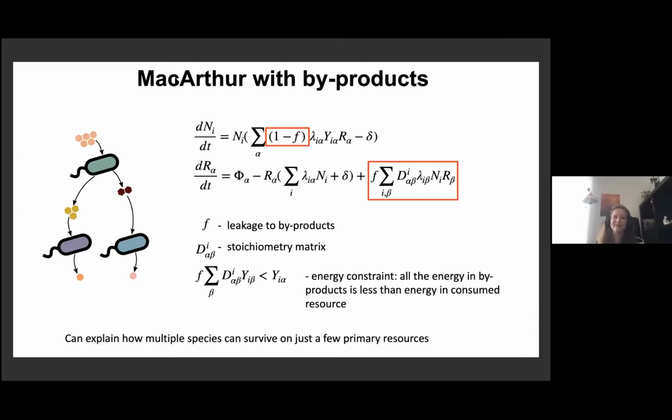So yeah, MacArthur has the same problem, that you can't really account for those changes when you have different community members and you're changing your strategy. Typically we assume that there is one general strategy for the resource, that if it has this primary thing, it will output that byproduct. And this is it, but it's set in stone and we're not really changing it.